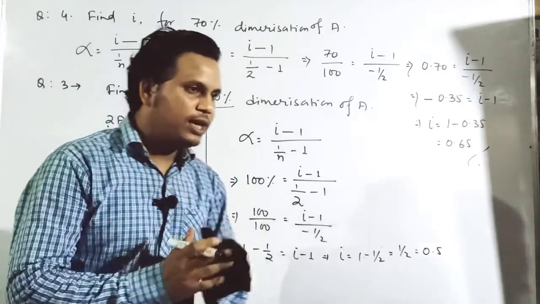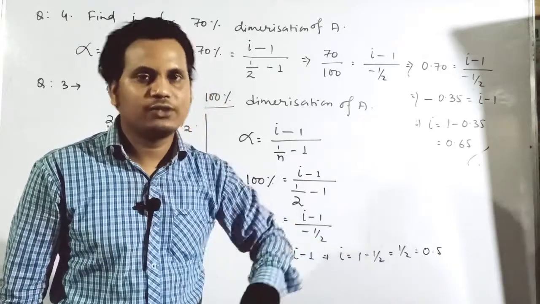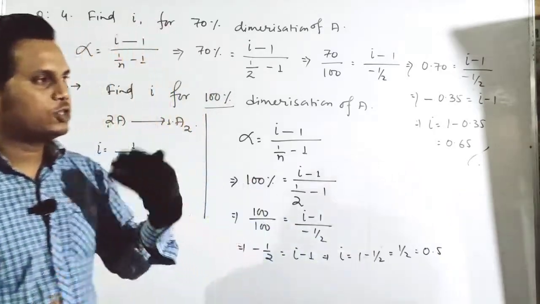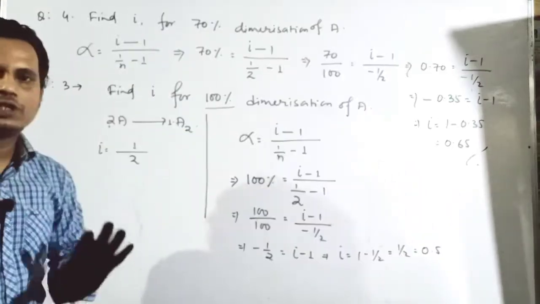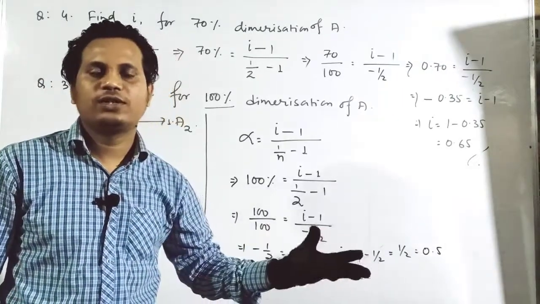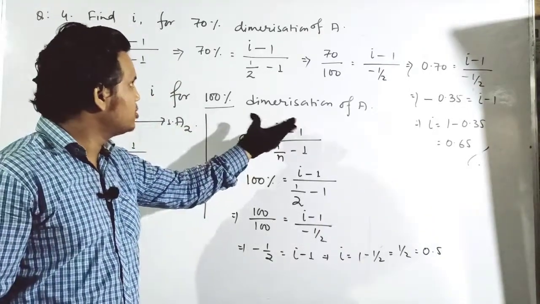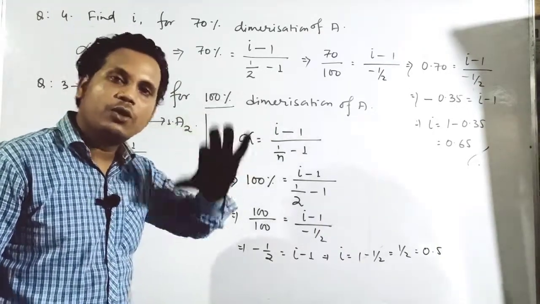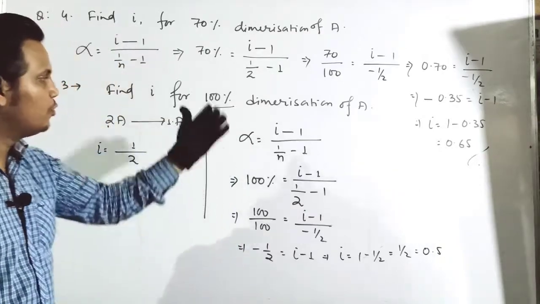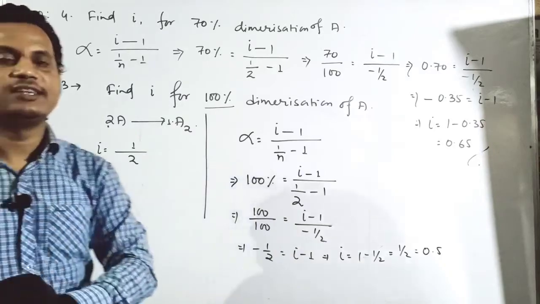After that we found the value of I: for dissociation greater than 1, for association less than 1. If neither association nor dissociation occurs, then 1. And for 100% dissociation or association, or less than 100%, we have got two formulas. With the help of those formulas we can easily find it.